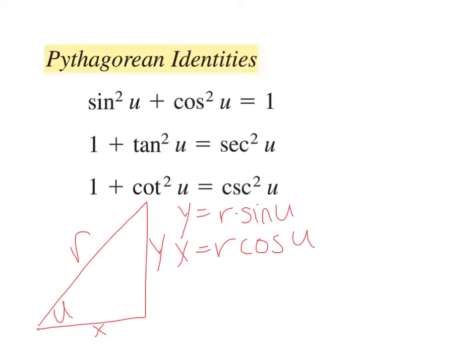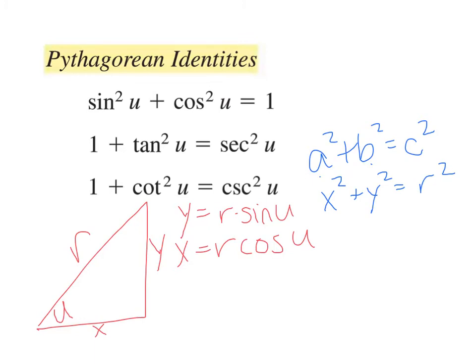Now if I use my Pythagorean theorem, a squared plus b squared equals c squared, where a and b are two legs of the triangle and c is the hypotenuse. So in my triangle, I've got x squared plus y squared equals r squared.